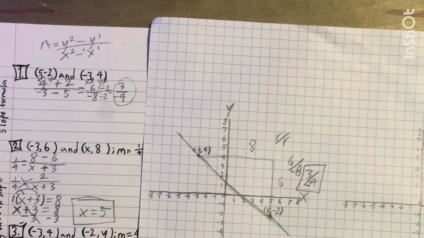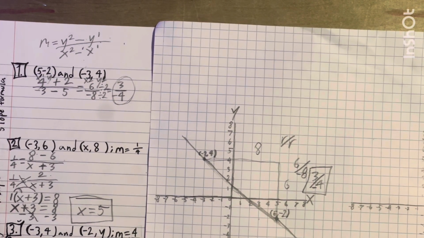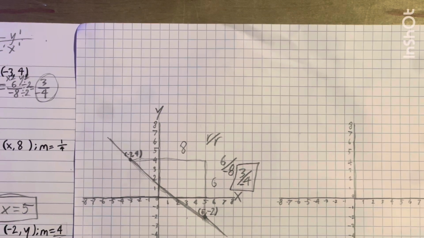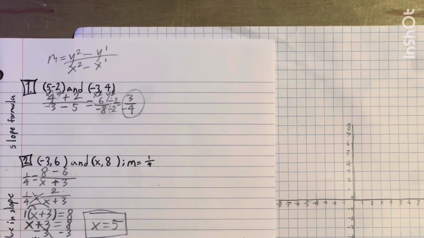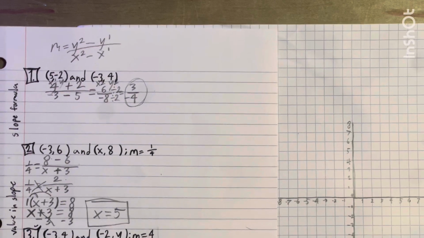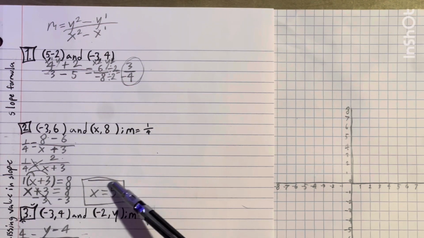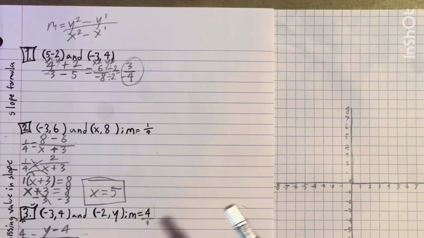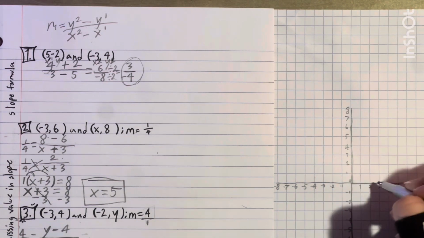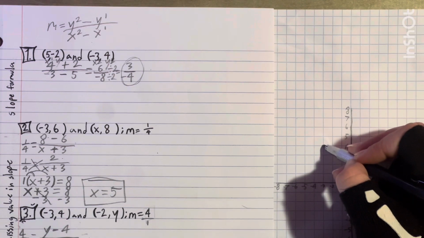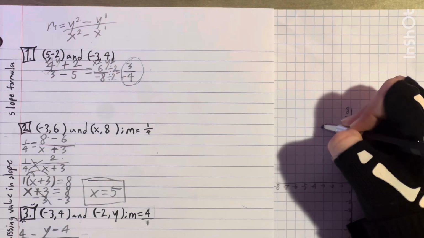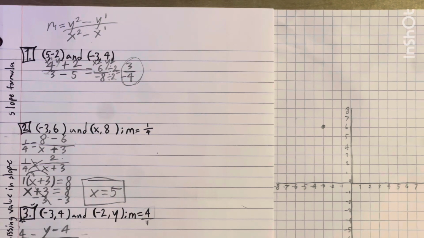I'm still going to walk you through this on all the other ones because why not? For this one, you have negative 3, 6, and x, which is 5, so 5, 8. So negative 3 and up to 6, right there, and 5, 8.